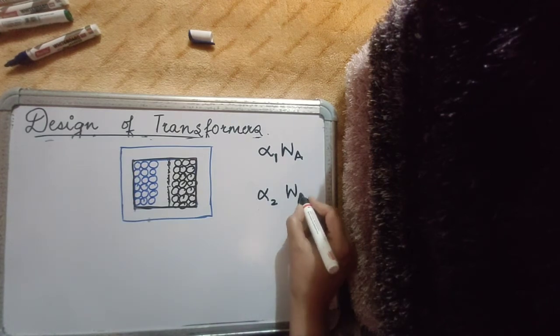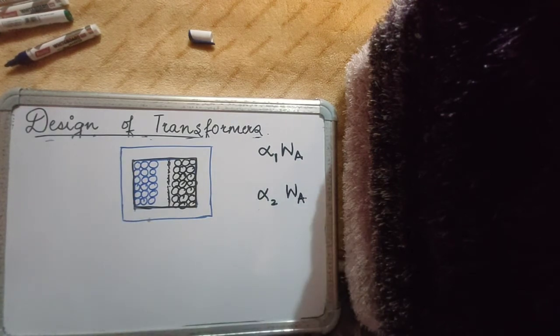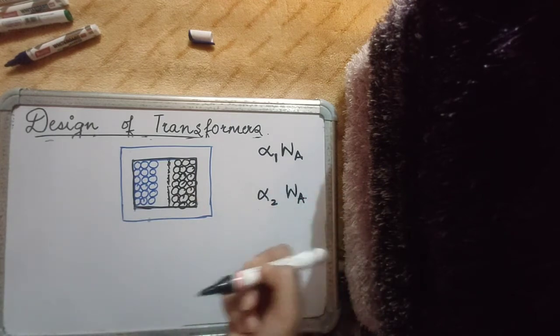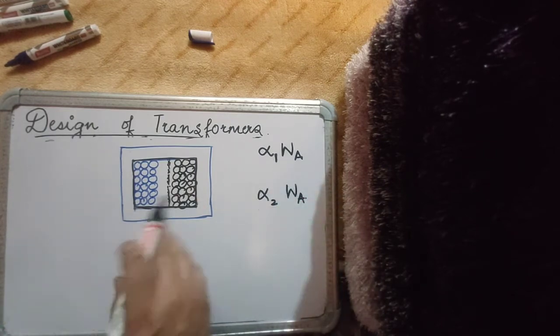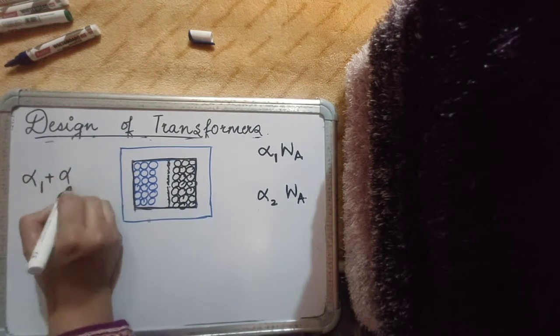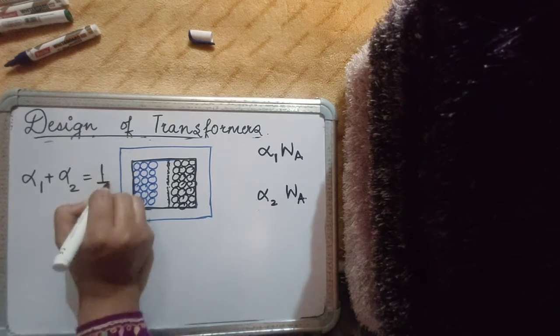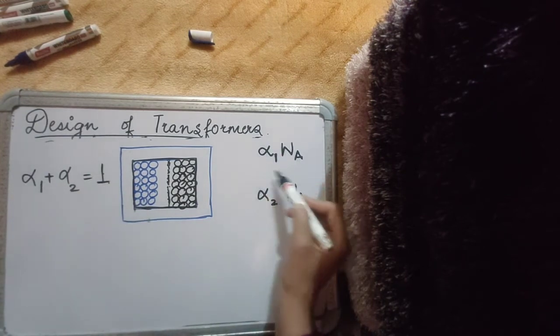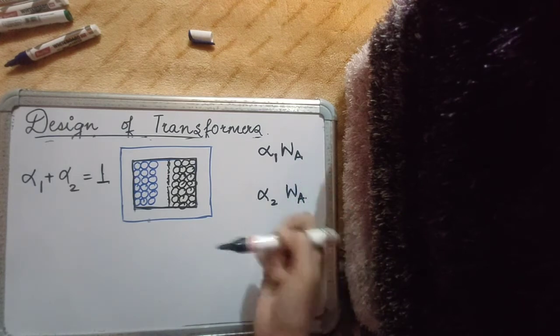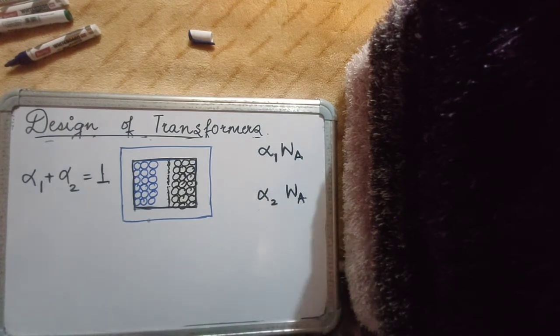If you have multiple windings, 3 or 4 windings, of course you will have alpha 1, alpha 2, alpha 3, alpha 4, so on and so forth. But since we are considering only 2 windings, therefore alpha 1 plus alpha 2 will be equal to simply 1. So this could be like 70% of the area dedicated to winding 1, and obviously 30% remaining for winding 2, or 50% and 50%, so on and so forth.